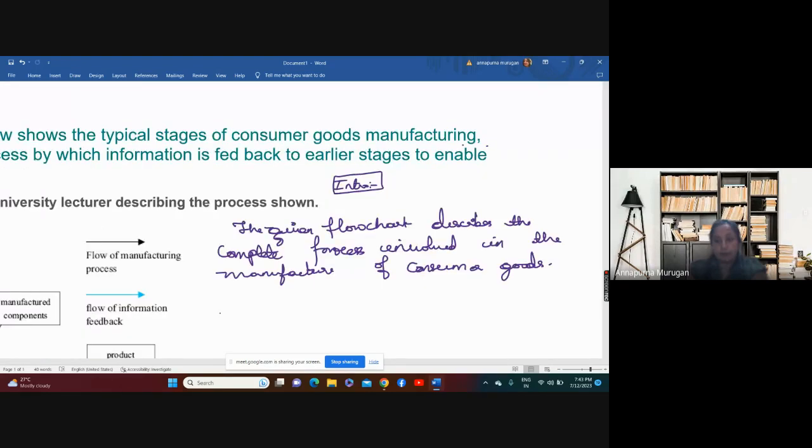Manufacture of consumer goods. So now here I'm going to present the initial overview.